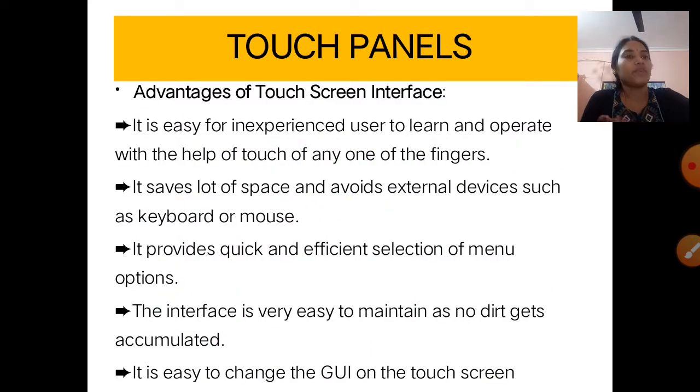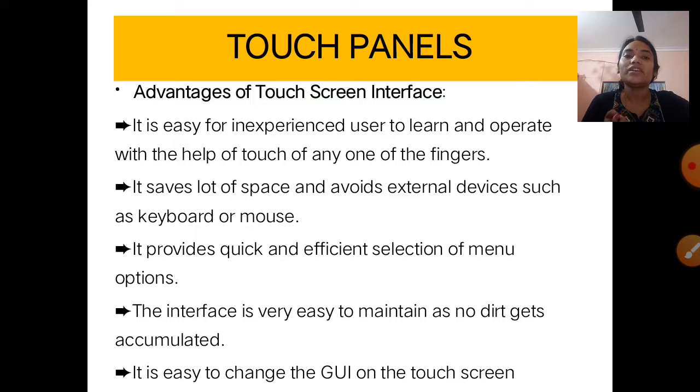What are the advantages? It is easy for an inexperienced user to learn and operate with the touch of any one of the fingers. It saves a lot of space and avoids external devices such as a keyboard or mouse. It provides quick and efficient selection of menu options.